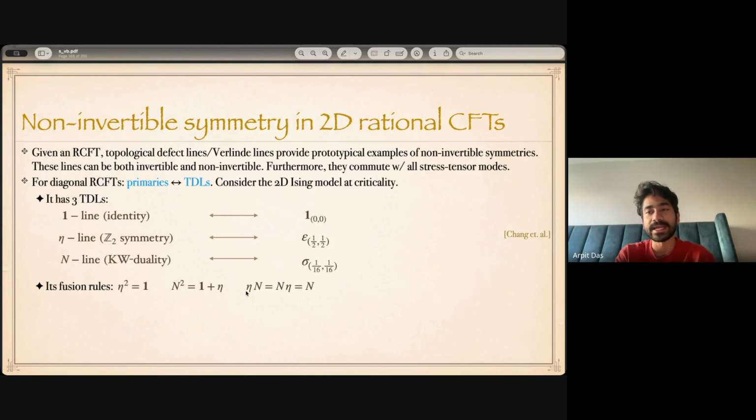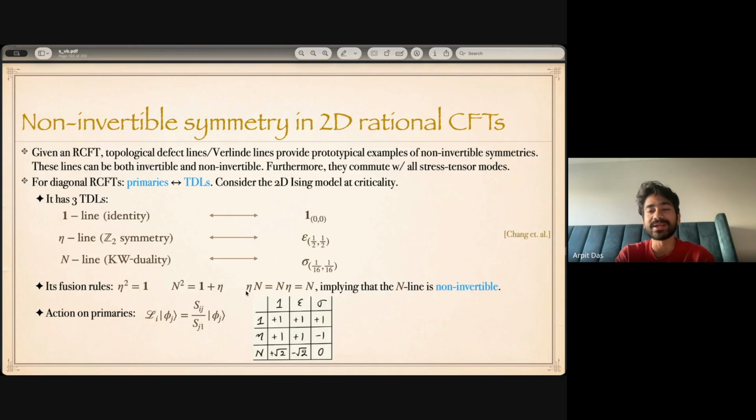And what does this do in the physical sense? It implements what is called the Kramers-Wannier duality on the Ising model. The Kramers-Wannier duality essentially maps local operators to non-local or disorder operators in the 2D Ising picture. And this precise map of local to non-local is what brings in the non-invertibility.